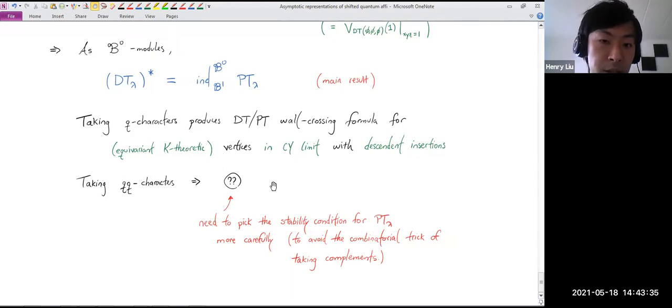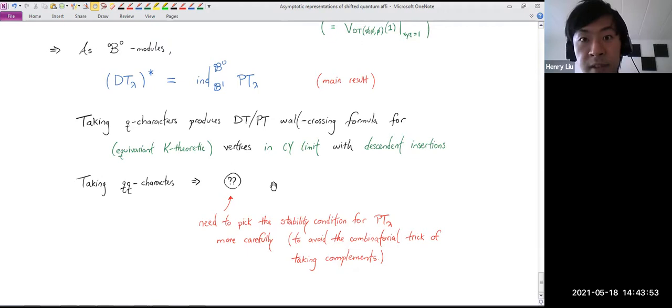And of course, the underlying problem there is that the PT module is probably not the right thing to think about. This goes all the way back to my remark about choosing the stability condition on the moduli space more wisely.